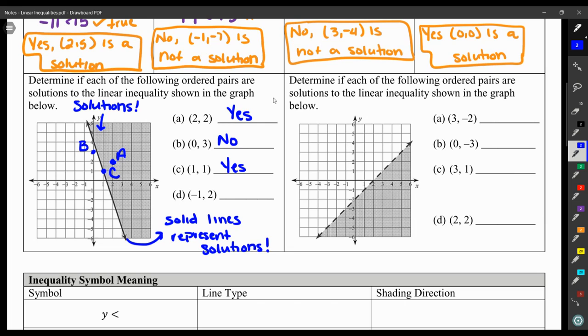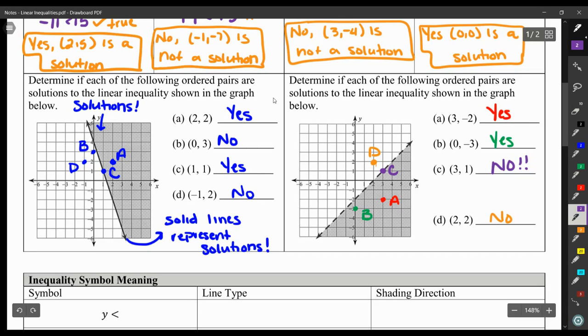Finally, letter D is (negative 1, 2). Left 1, up 2 is letter D, and that is outside the shade, so no, it is not a solution. Pause the video, try the next set. Here's what you should have had for your answers. Letter C is the weird one. In math, we have to have a way to visually describe the differences between a solution and a non-solution.